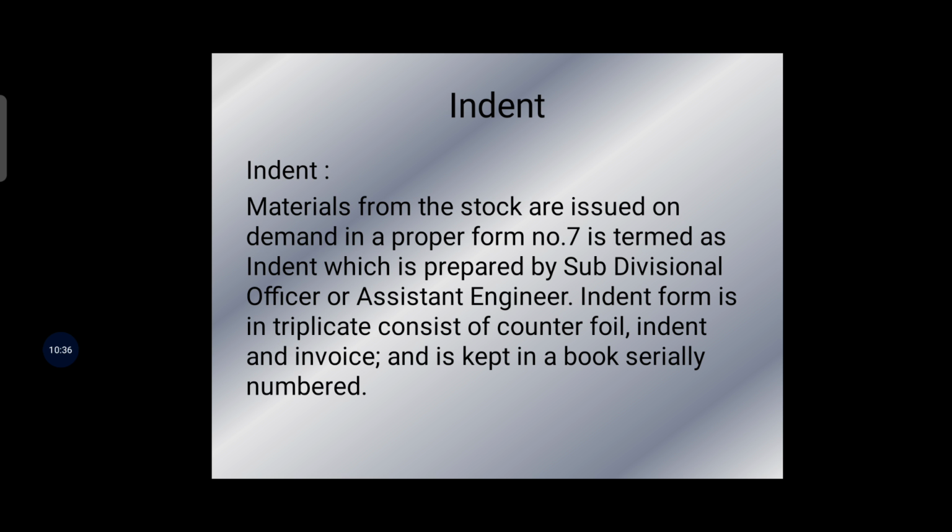So the next one is indent. The materials from stores are procured by the process of indenting. The materials from stock issued on demand in a proper form, form number 7, is termed an indent, which is prepared by the subdivisional officer or assistant engineer. The indent form is in triplicate, consists of counterfoil, indent and invoice, and is kept in a book serially numbered.